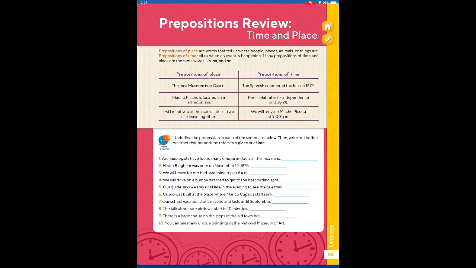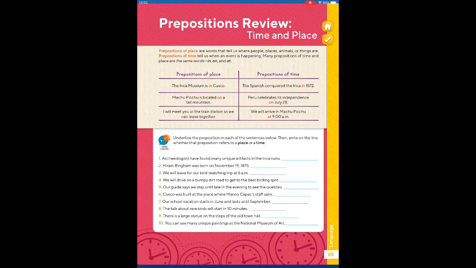Okay, now page 85. Prepositions review, time and place. Prepositions of place are words that tell us where people, places, animals, or things are. Prepositions of time tell us when an event is happening. Many prepositions of time and place are the same words: in, on, and at.